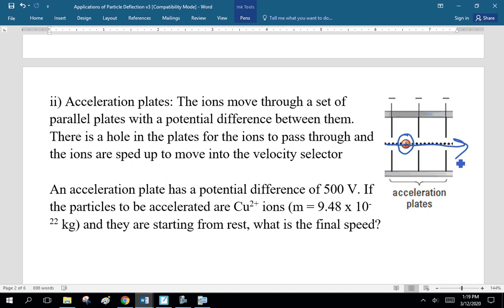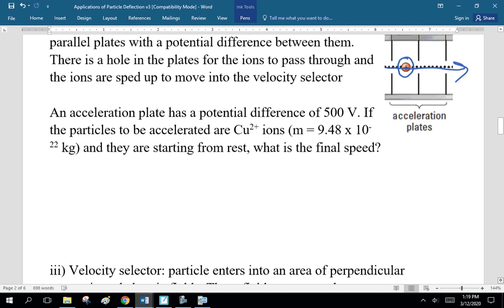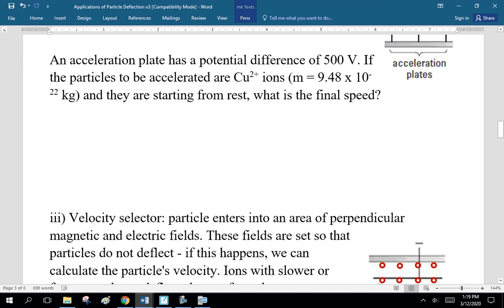Now, this goes back to voltage. Where have we seen voltage before? Oh, change in voltage is change in energy over charge. And remember, that's kinetic energy.